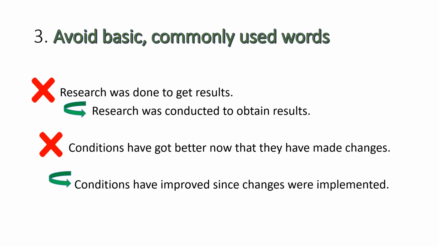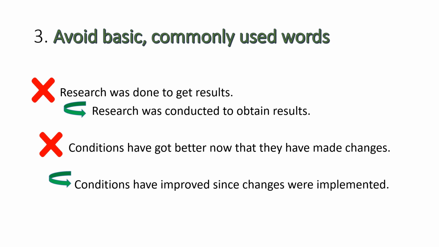Okay, another rule of formal or academic writing is to avoid basic commonly used words. Try to find some mature expressions or synonyms of those commonly used words, and add new words to your word bank to make a good impression on the reader.